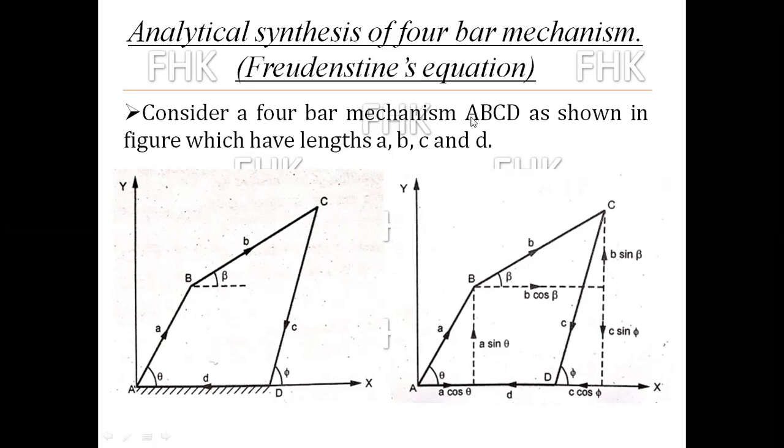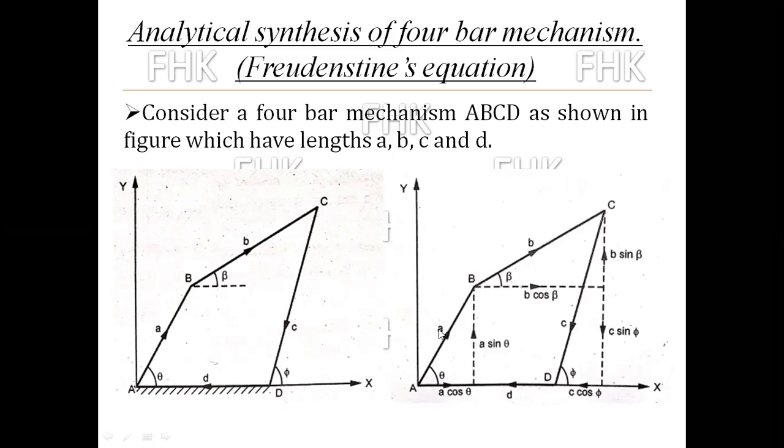Okay. Next, this a is making angle theta with the fixed link. So I will take the component of a in the x direction and in the y direction. I will draw a dotted line from point B, perpendicular to x. This is the vertical component of a, and along the x-axis is the horizontal component of a.